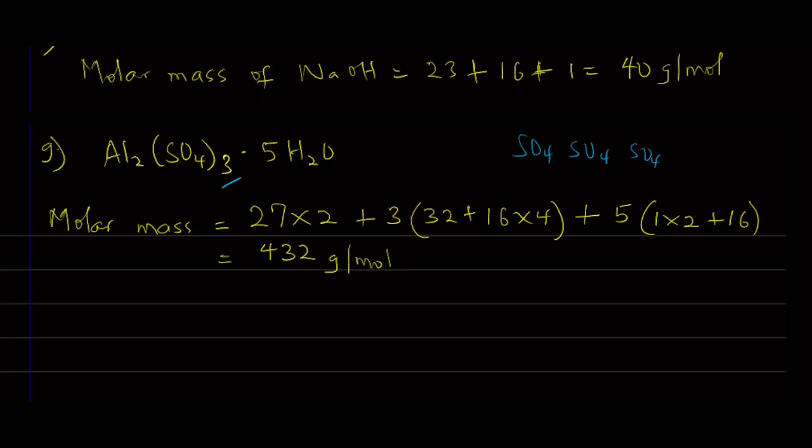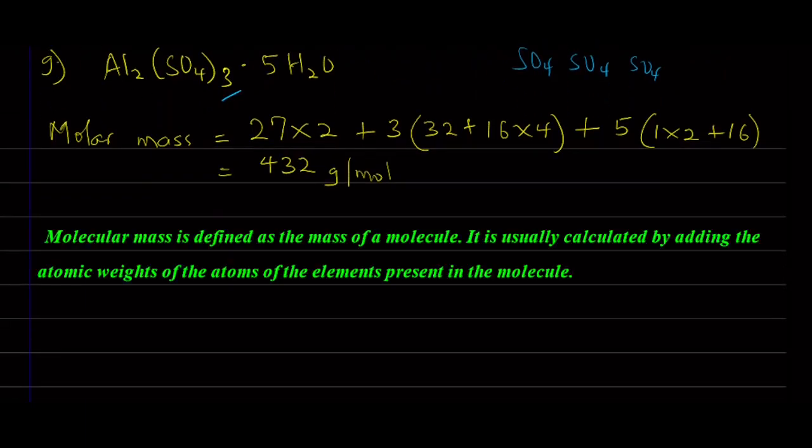So let's look at molecular mass. Molecular mass is defined as the mass of a molecule. As the name implies, we can get the molecular mass by adding the atomic weight of the atoms of the elements involved in that molecule.